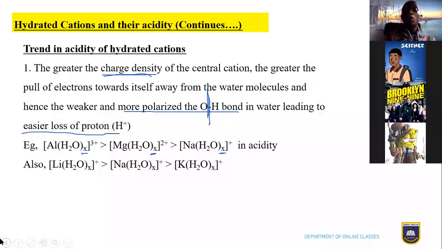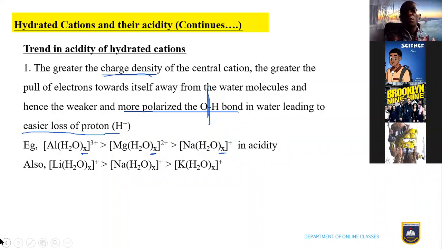The one that has the smallest size, like lithium, among the three, will have the biggest charge density. That one will have the strongest pull of the electrons in the OH bond. That eventually makes the bond weaker, H plus easily released. That one is a stronger acid.